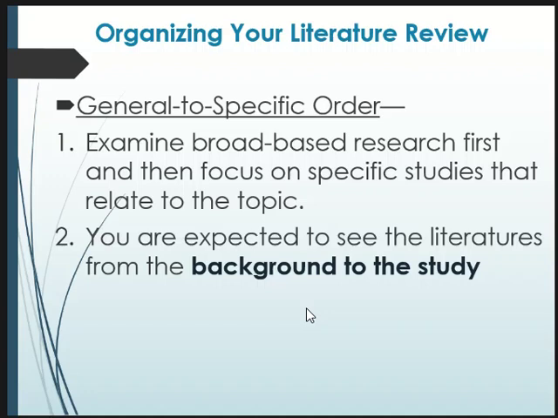Then you move towards specific factors: why children are obese, what are the factors that are contributing to it. Then you can discuss the diet, the exercise routines, and the genetics. So this is one example of the general to specific order.